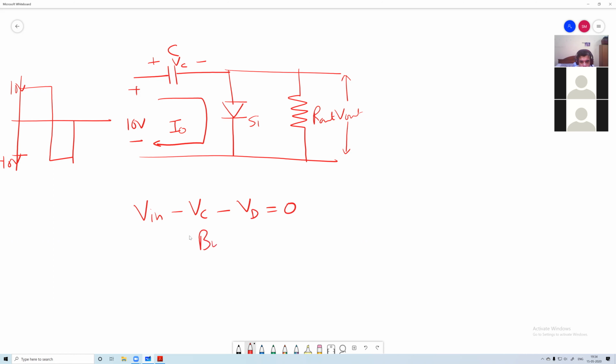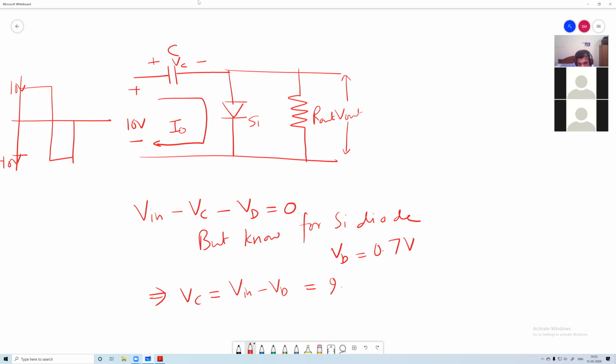But we know for a silicon diode, VD is 0.7 volt. So VC equals Vin minus VD, that is 9.3 volt, and Vout equals VD equals 0.7 volt.